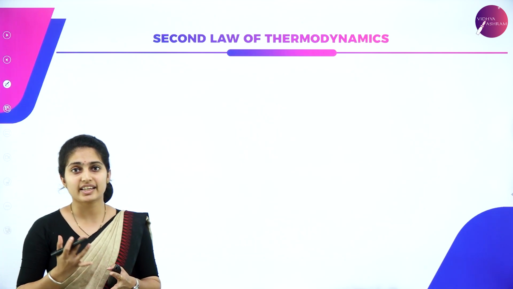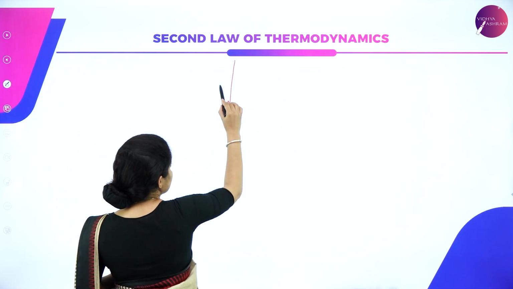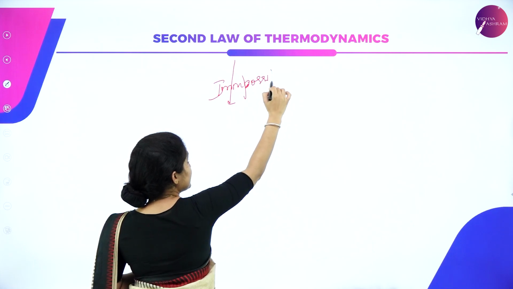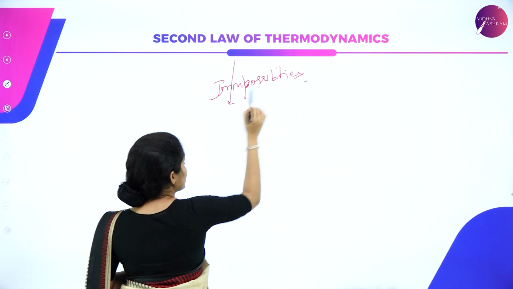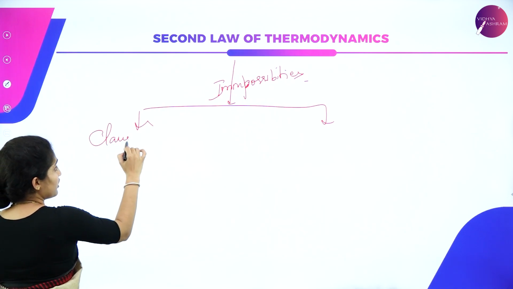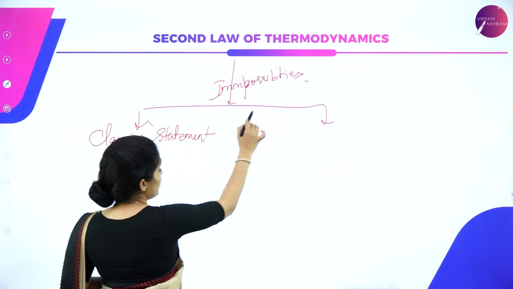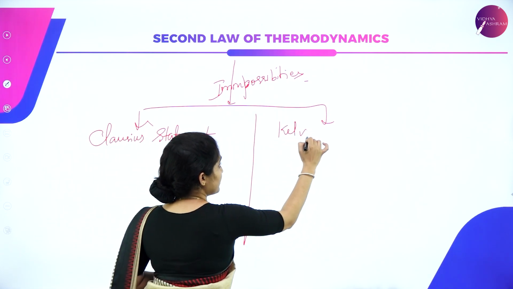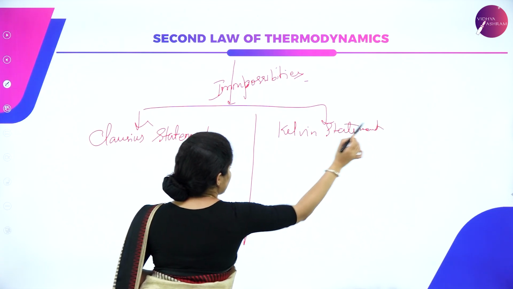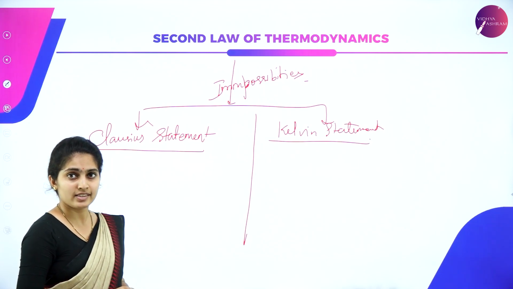Then what is the second law of thermodynamics? The second law of thermodynamics has given the concept of impossibilities. One is the Clausius statement, and another is the Kelvin statement. Let us check what the Clausius statement and the Kelvin statement are.